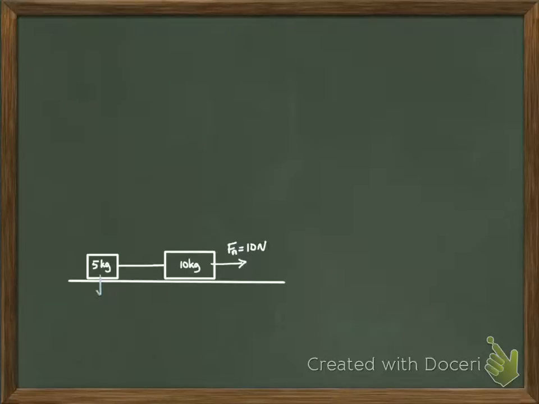There's my 10 Newton applied force. Here's the weight, the 5 kilogram mass, the normal force, and the tension. Here's the weight of the 10 kilogram mass, its normal force, and tension, and I'm going to go ahead and color in the applied force here.